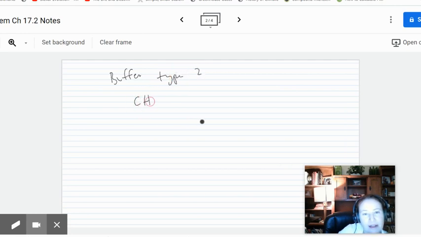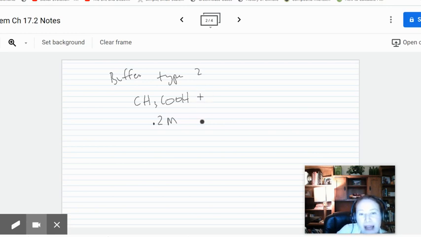So if I had CH3COOH in solution, and let's say I have 0.2 molar of this guy, I want it to get to an equilibrium point with my acetate, my CH3COO minus.